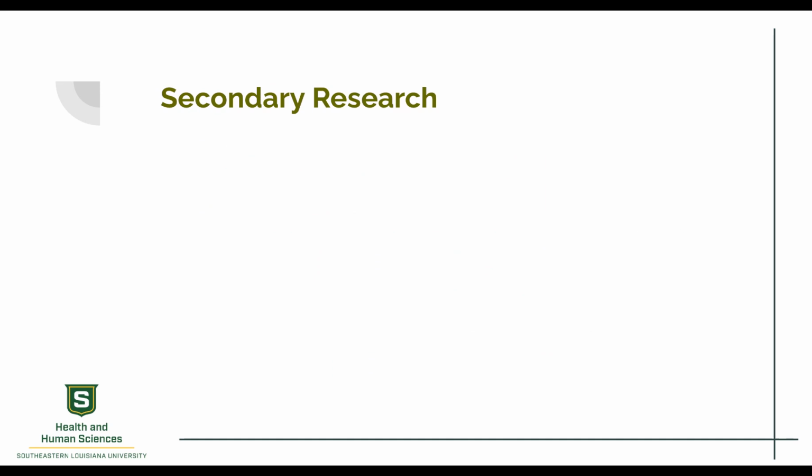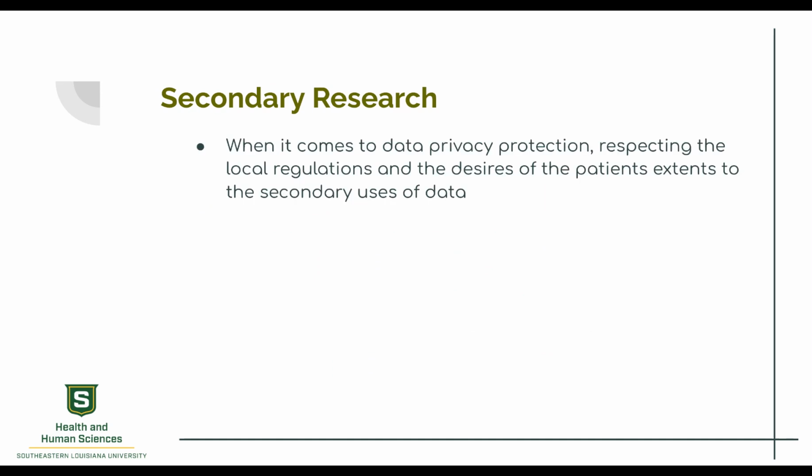When it comes to secondary data, researchers, and everybody who has access to secondary data, still have to respect local regulations and the wishes of patients as to how their data is to be used in secondary research.